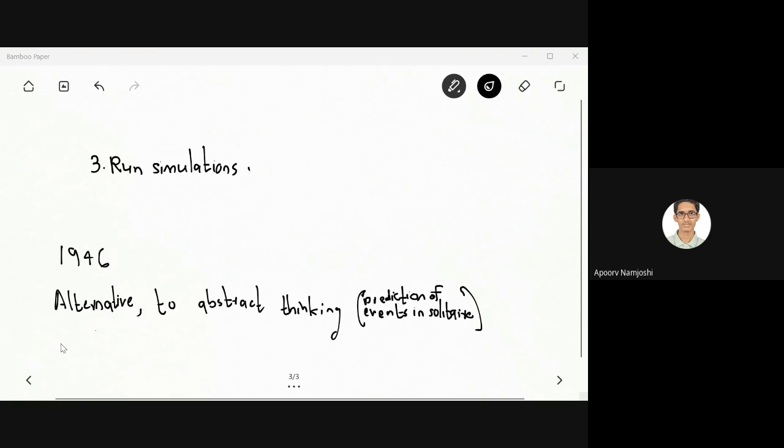To quote him: The first thoughts and attempts I made to practice the Monte Carlo method were suggested by a question which occurred to me in 1946. The question was, what are the chances that a Canfield solitaire laid out with 52 cards will come out successfully?